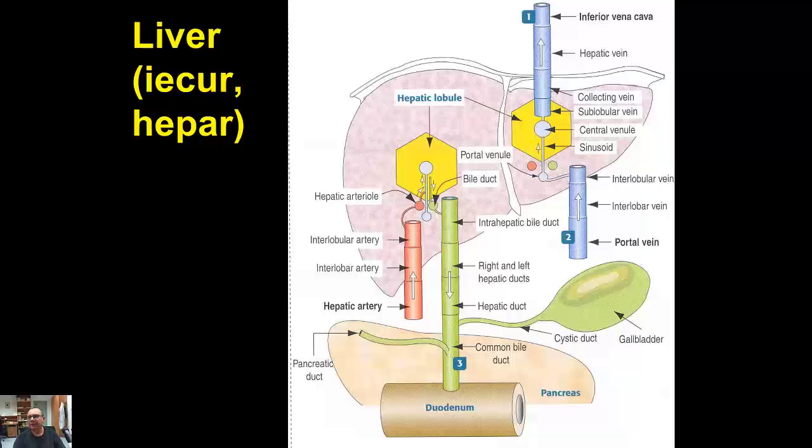The functional circulation begins by the entrance of the portal vein. The portal vein is bringing blood from the intestine and spleen, which is rich in nutrients, rich in bilirubin, rich in some waste products. It can be rich in toxins. It depends on the situation.